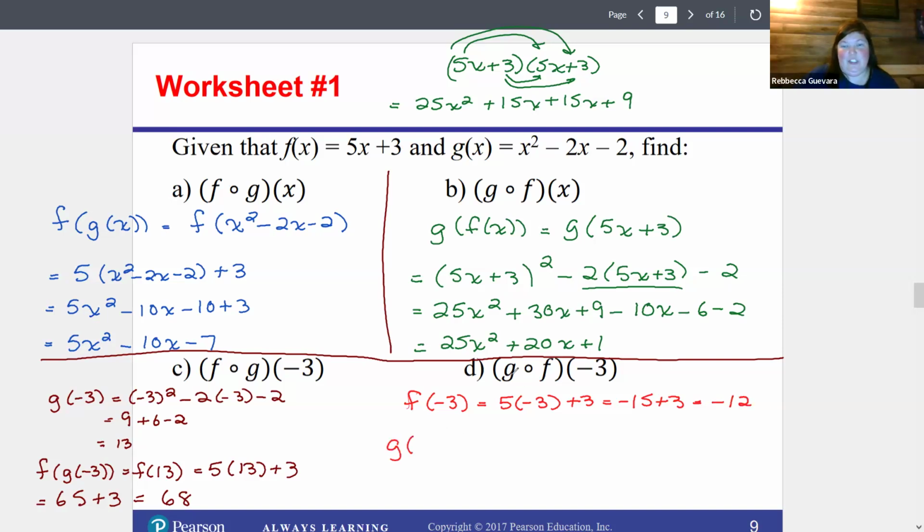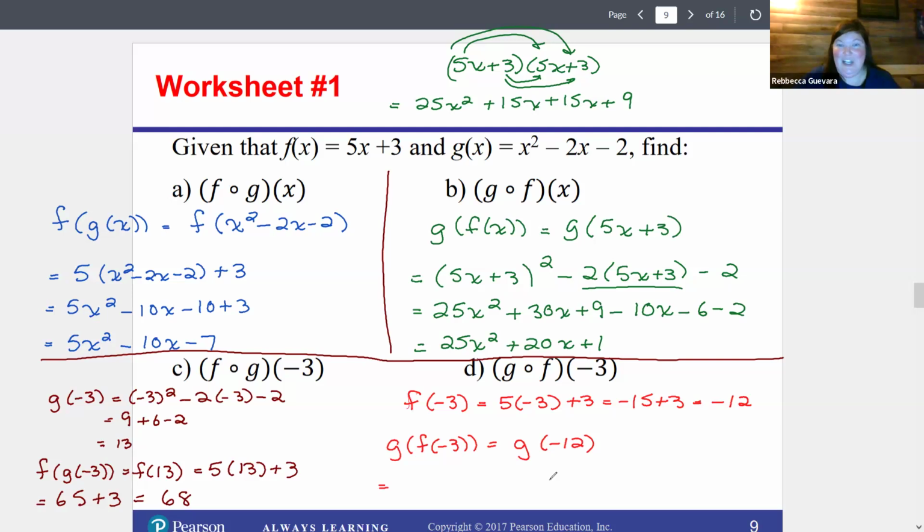So if we want g composed with f of negative 3, that means we're looking for g of f of negative 3. And we know that f of negative 3 is just negative 12. Oops, sorry, I was looking at my composition, wrong one.